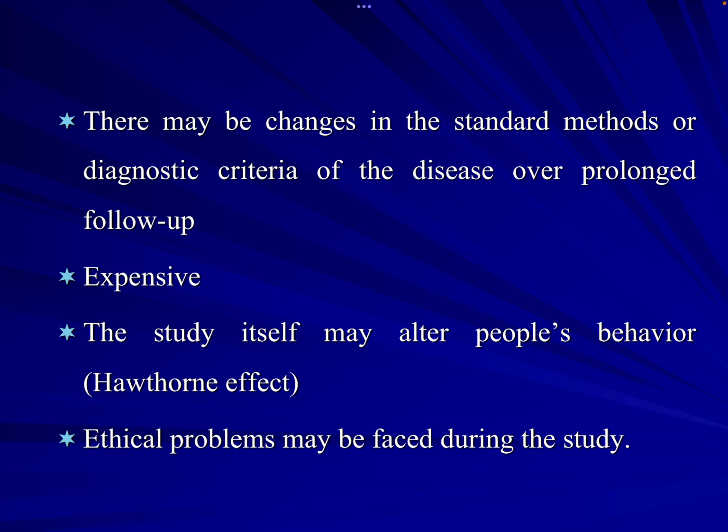There may be changes in the standard methods or diagnostic criteria of the disease over prolonged follow-up. It is expensive. The study itself may alter people's behavior, which is known as the Hawthorne effect, and ethical problems may be faced during the study.